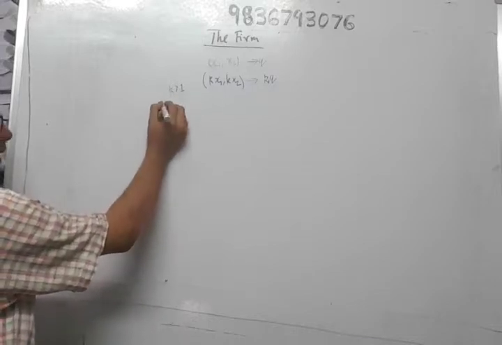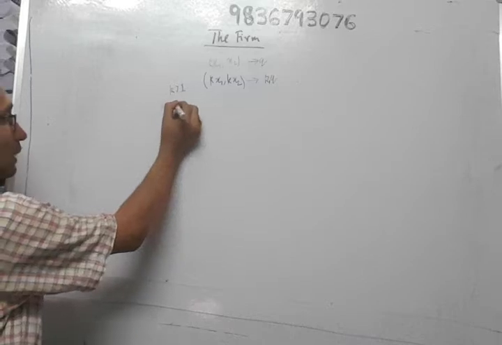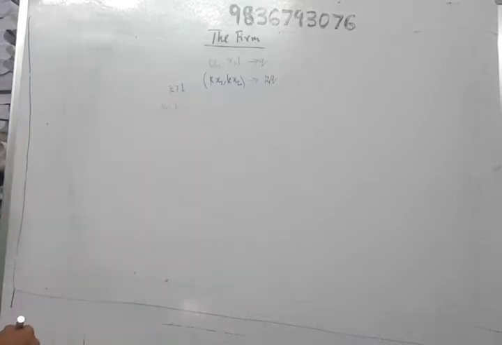Now if k1 is greater than k, then you are having a production process that exhibits increasing returns to scale. That means increasing the factors of production by a certain factor k will lead to an increase in output that will be more than the factor k.